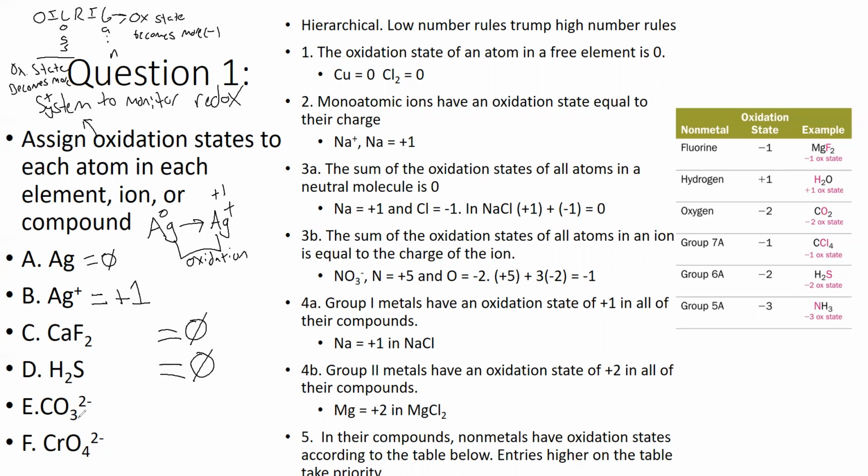So for CO3 -2, all of the oxidation states in that element have to equal -2. For CrO4 -2, all of the oxidation states in that element have to equal -2.